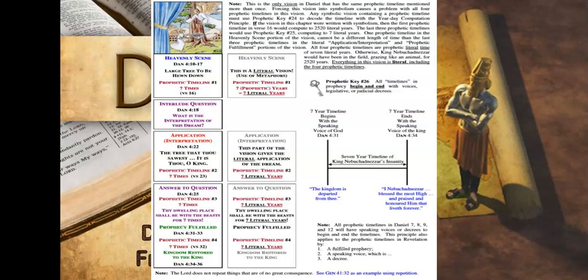But chapter 4 is the one that tells us how to work with these timelines. It's the very first chapter or vision, either way, in the whole book of Daniel that has timelines, but it is the structure in Daniel chapter 4 that's going to tell you exactly how to work with a timeline.